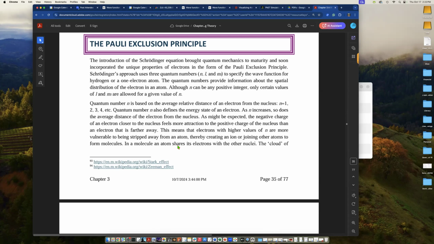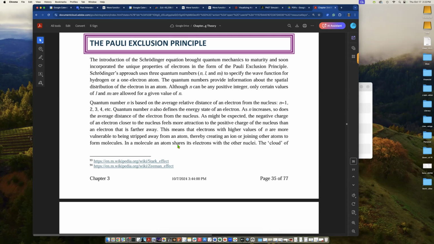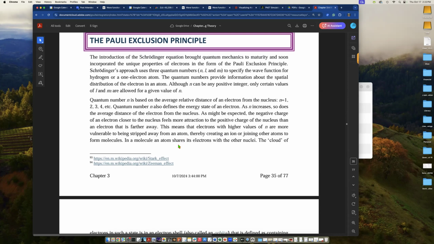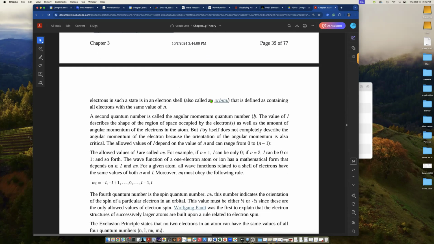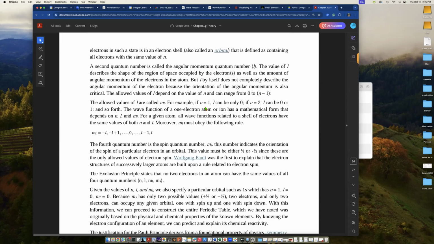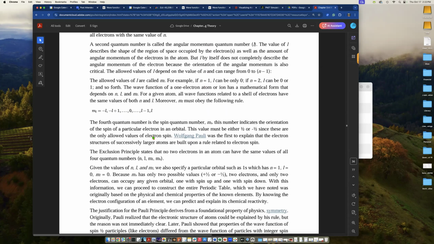They have to fill up the shell without duplicating this quantum number. So let's stroll down here and I'll show you how this works. The exclusion principle says that no two electrons can have the same values for all their quantum numbers. This is the spin quantum number right there.